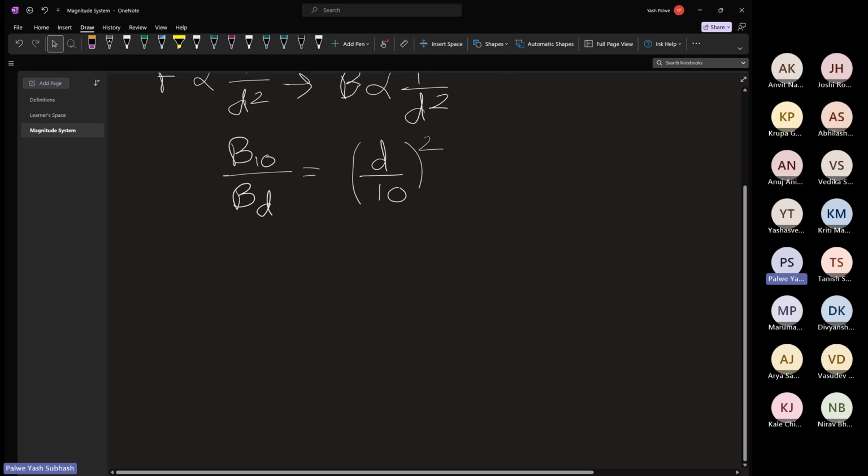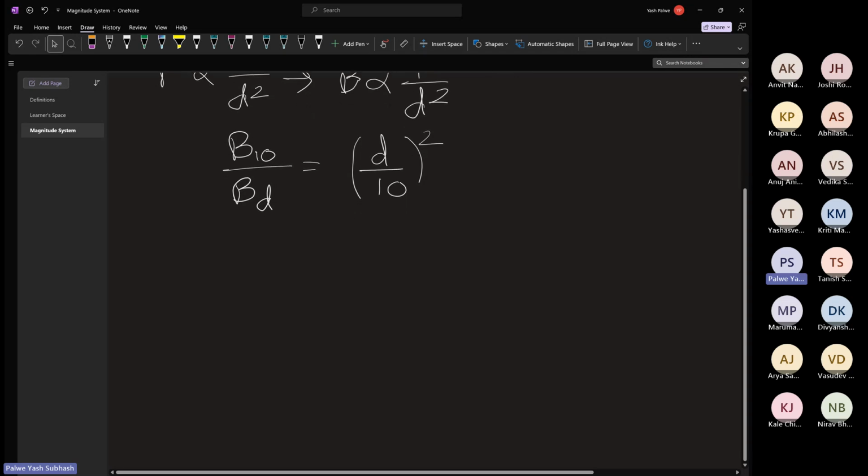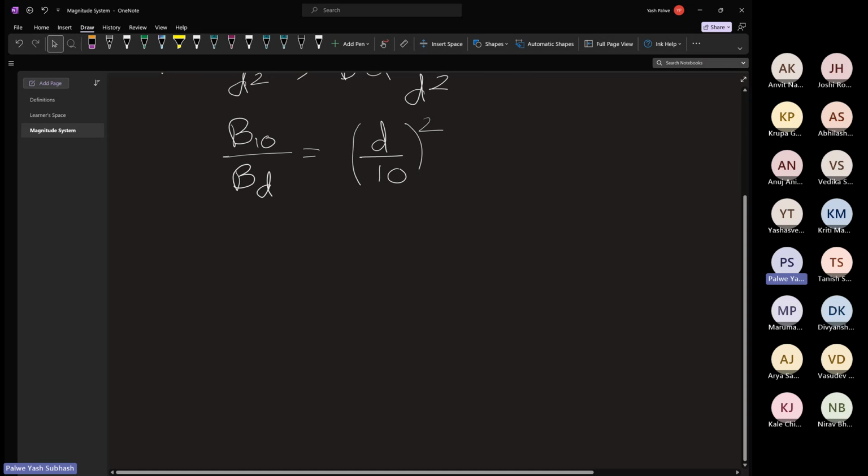Okay, simple enough. Now, we want to find out absolute magnitude in relation to apparent magnitude.